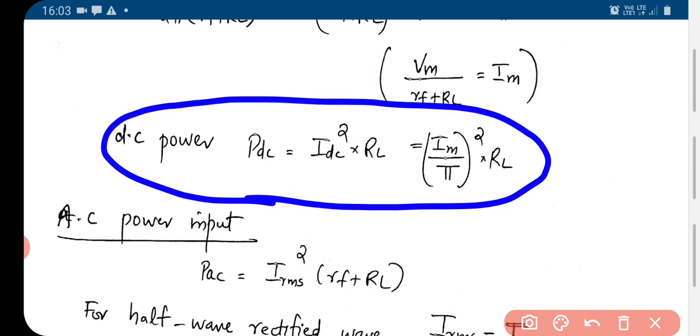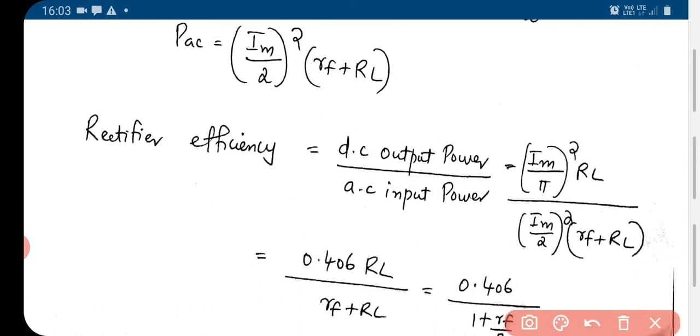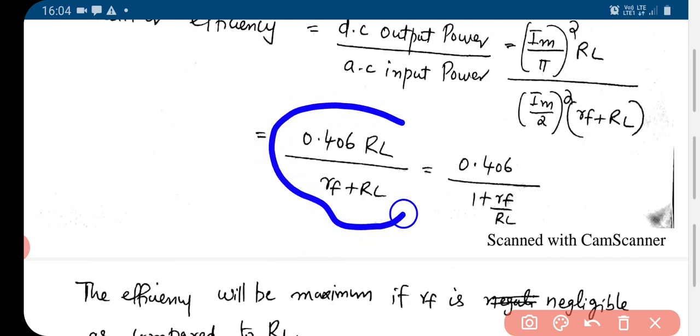So the rectification efficiency is the DC output power by the AC input power. You just divide this by this, and cancel Im square, and what you get is 0.406 RL over Rf plus RL, which is 0.406 over 1 plus Rf by RL, if you divide both numerator and denominator by RL.